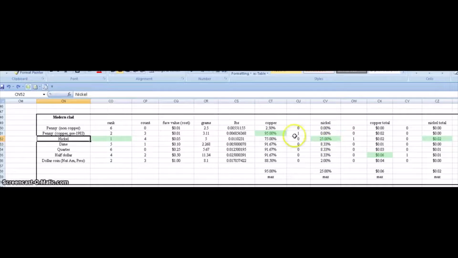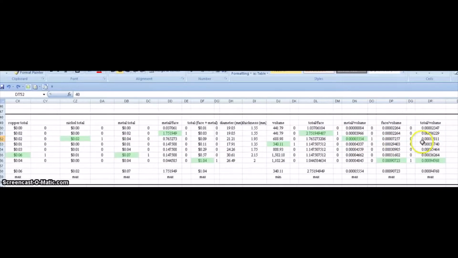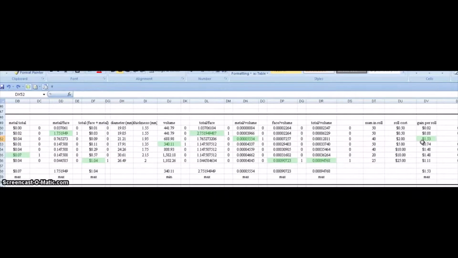Okay, so when I add all of these indicator variables up and then rank them, where 1 is the highest count, nickels win. Pretty much because they have the highest nickel content, the greatest metal per volume of the coin, and gain per roll.